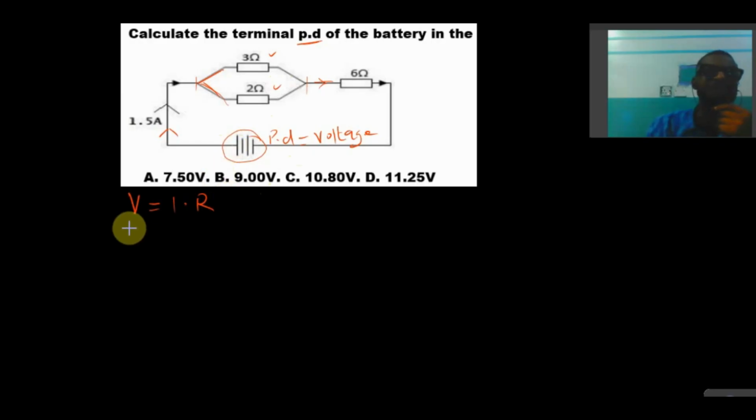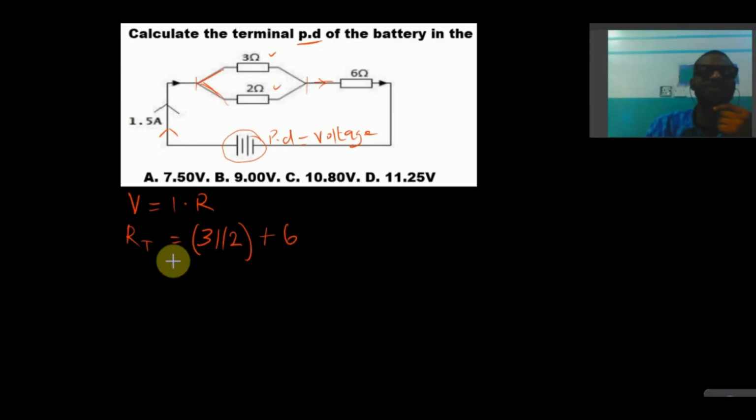Now, how do we find the total resistance? We are going to first find the total resistance of the resistors in parallel, that is the 3 ohms and the 2 ohms. Once we get that, we add it to the 6 ohms that is in series.